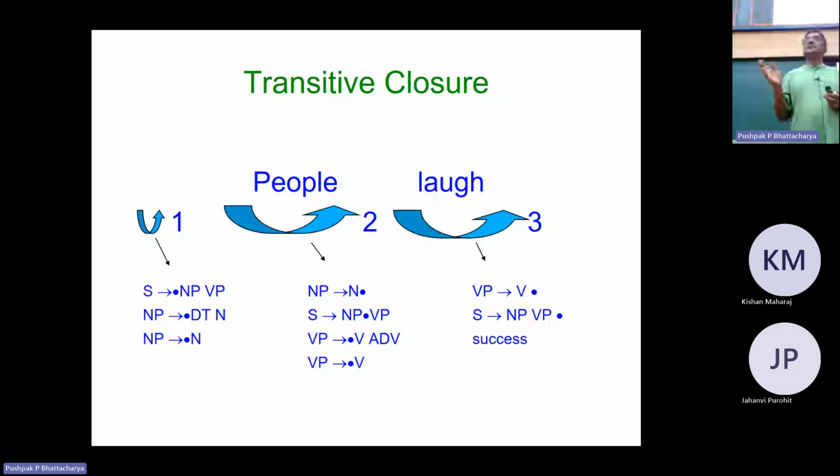What is the problem that this algorithm will face? It is still left recursion. You see, because you are expecting the work of NP to be over, so you have brought NP proactively onto the chart.